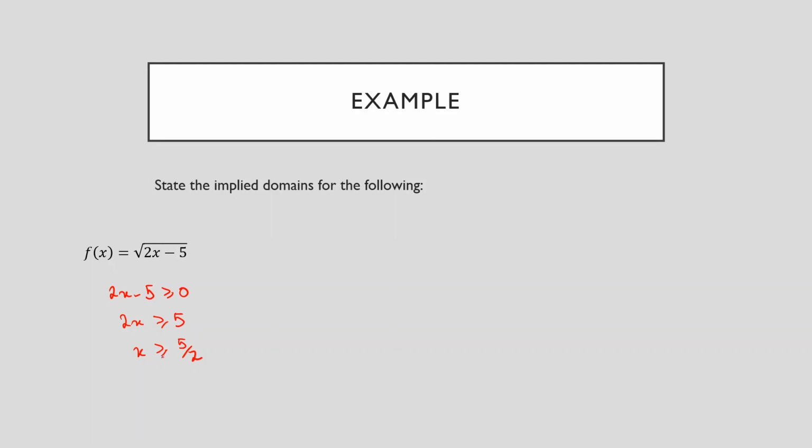If x is less than 5 on 2, you're going to run into trouble because you'll end up getting a negative inside the square root. So the maximal or implied domain for this function is all x greater than or equal to 5 on 2. If you prefer interval notation, you could write it as 5 on 2, comma, infinity.